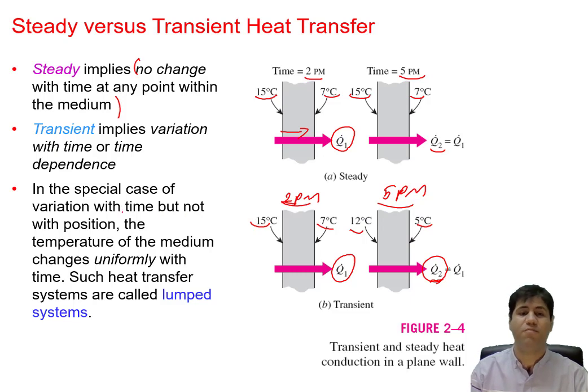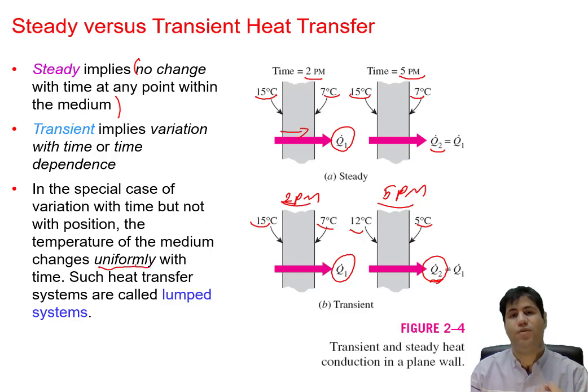But in some special cases, we have variation with time but not with position. That is a special case that we will see in some examples in future chapters, especially when the temperature of the medium changes uniformly with time.